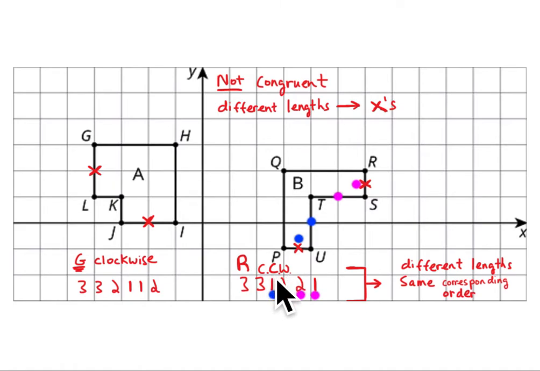That's why it's CCW here. Counterclockwise instead of clockwise, because now you're looking at a reflection. So this is going to be 3 units, 3 units, but now it's 1, 2, 2, 1. So now you have different lengths in the same corresponding order.